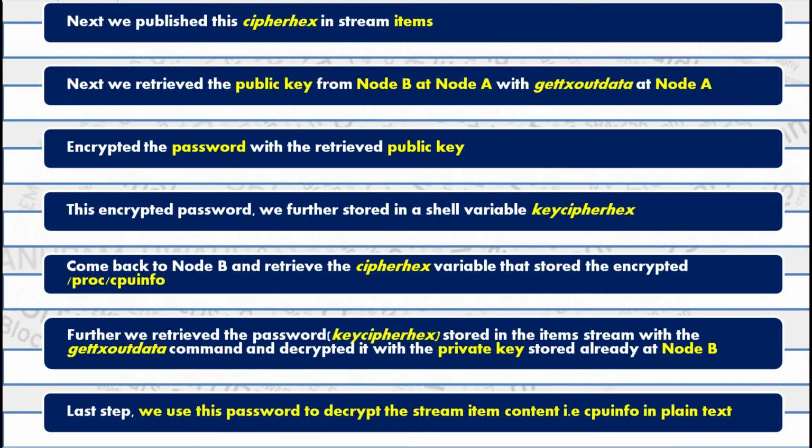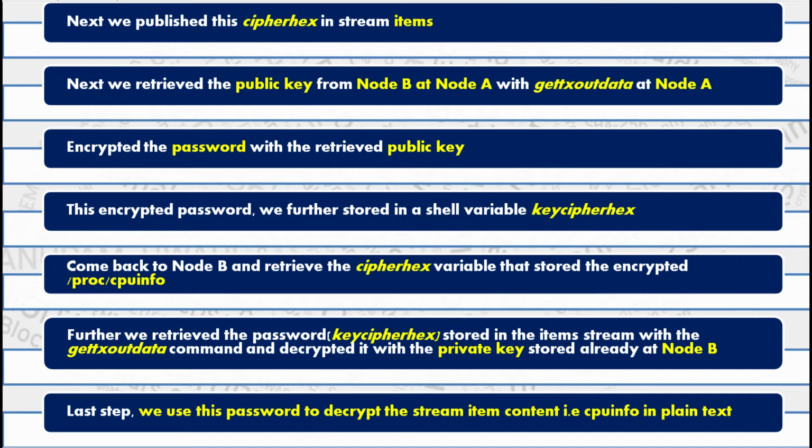Further to this, we published this cipher hex in the items stream, and thereafter we retrieved the public key from node B on node A with get transaction out data, which is based on the unique transaction ID generated per transaction. Then we encrypted the password with this retrieved public key, and we stored it in a shell variable known as key cipher X, which was again published to the items stream.